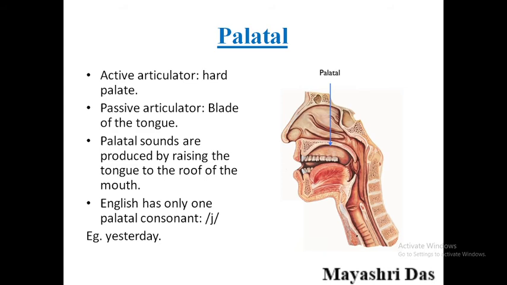These kinds of sounds are produced by raising the blade of the tongue to the hard palate, with constriction and friction of airflow. English has only one palatal consonant, known as y. For example, the y used in the word yesterday.